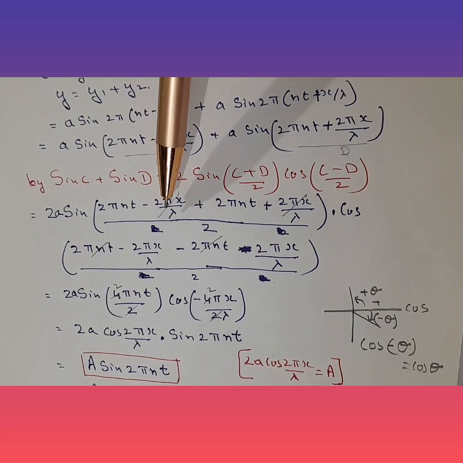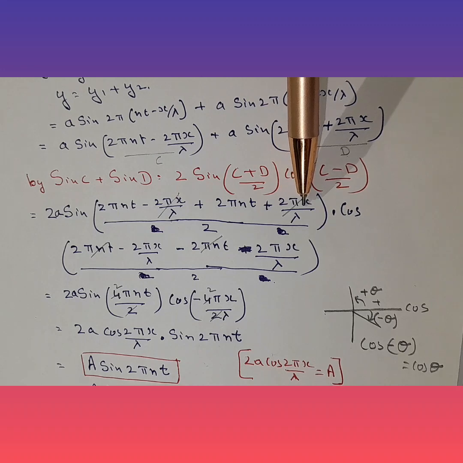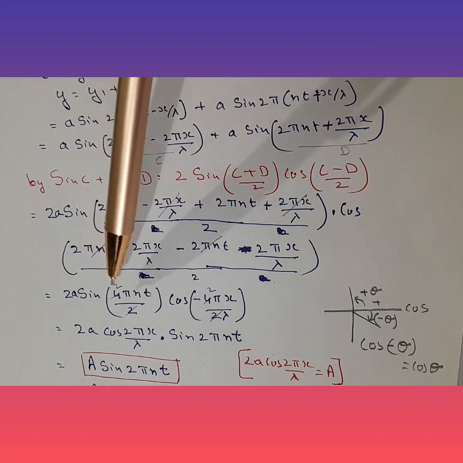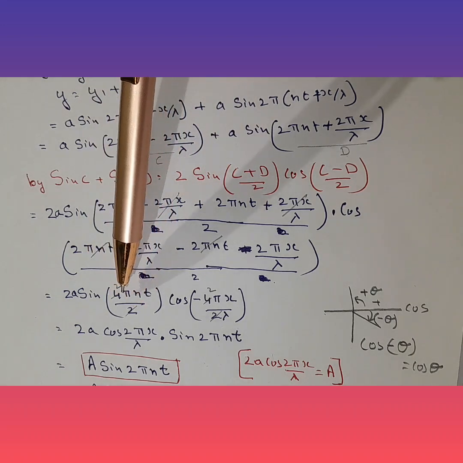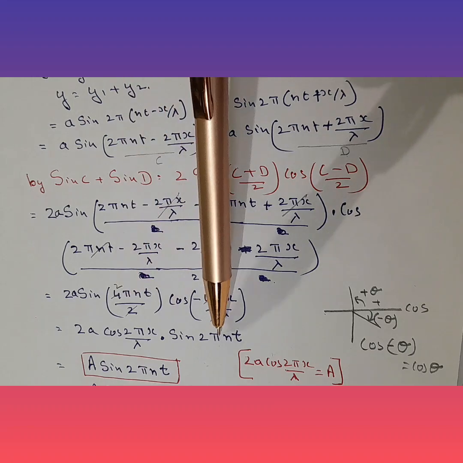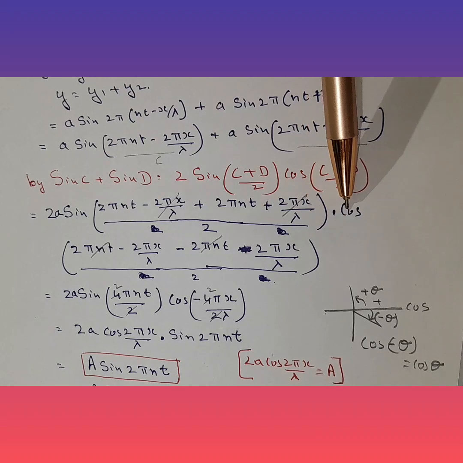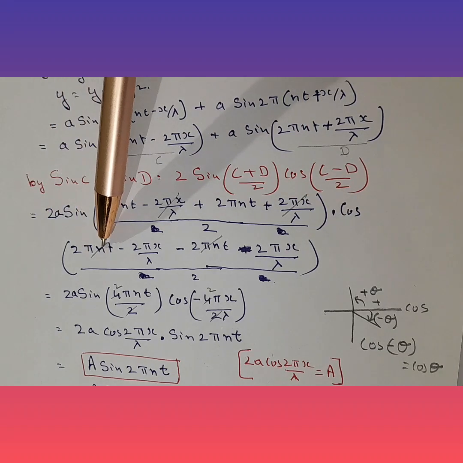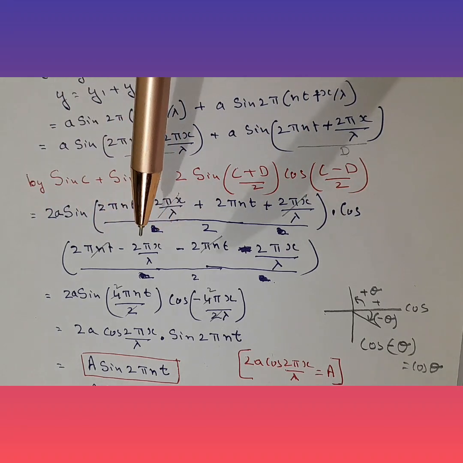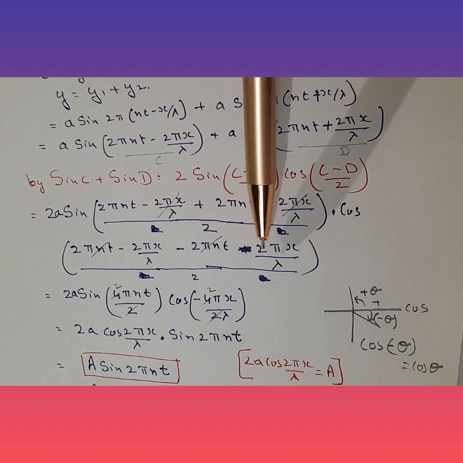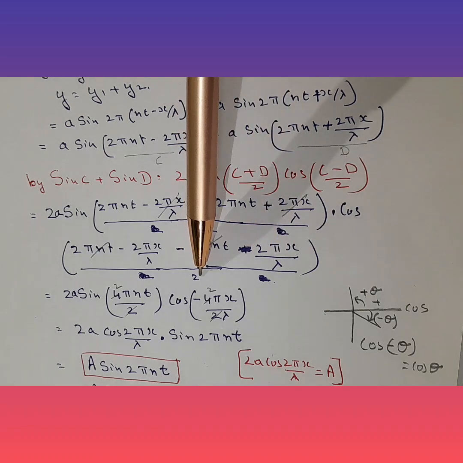Now this gets cancelled: this is minus 2πx over λ, this is plus 2πx over λ, so they cancel. What remains is 2πnt plus 2πnt, that becomes 4πnt, the 2 cancels, so 2πnt remains in the sine. In the cos, we get 2πnt minus 2πx over λ, then it was negative, so it became minus 2πnt minus 2πx over λ, upon 2.